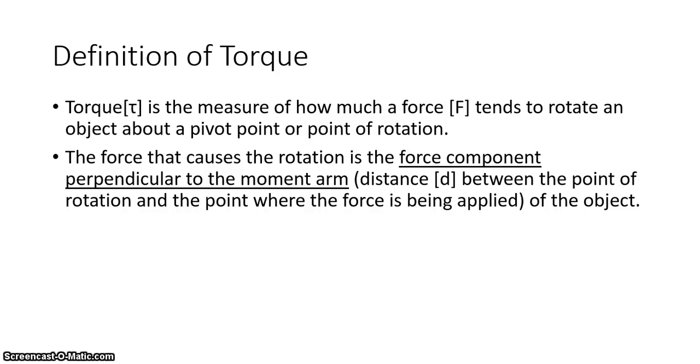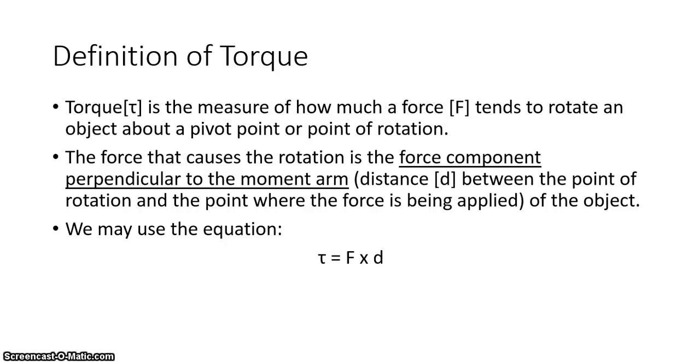And the moment arm again is just the distance between the point of rotation and where the force is being applied. Now the key thing I'd like to point out is that it's the force component perpendicular to the moment arm. Okay? So in terms of our equation, if you remember, we said that tau is equal to force times the distance.